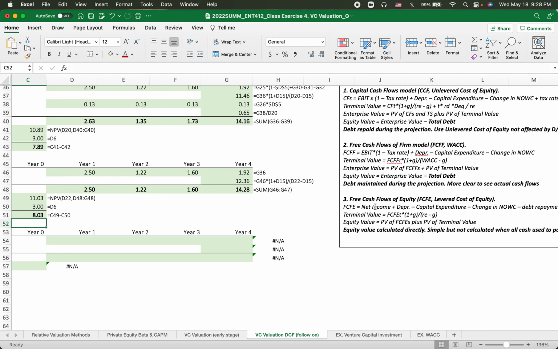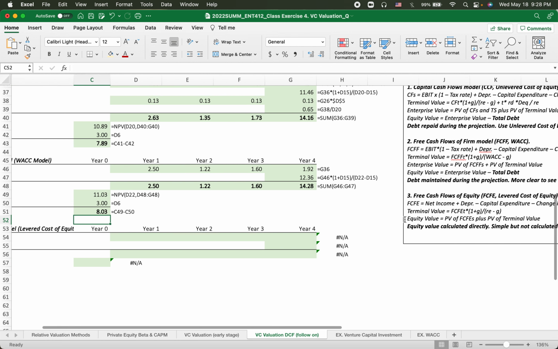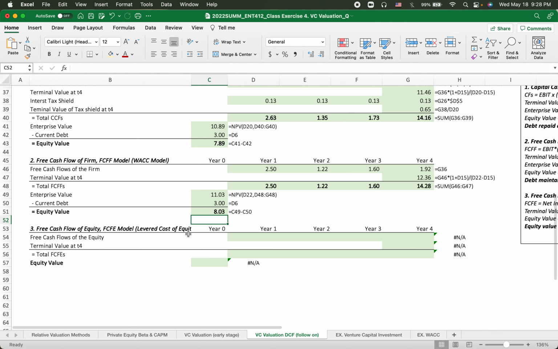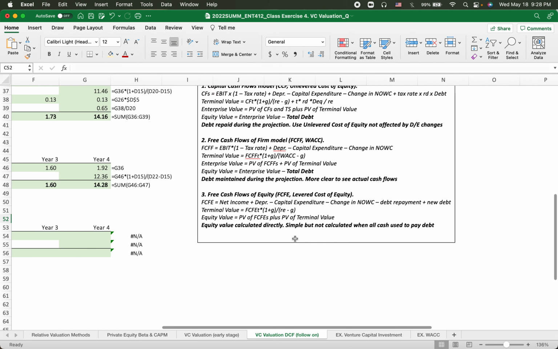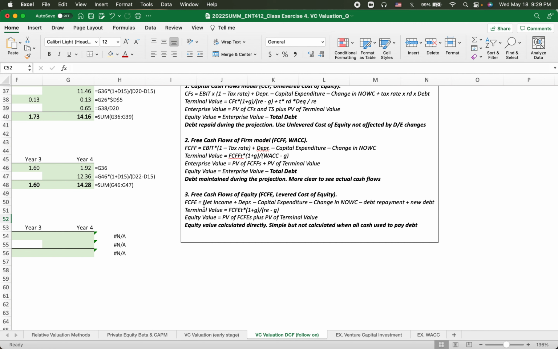So there's no enterprise value calculated and then minus the debt. We directly calculate the cash flows, right? That's why we are using this levered cost of equity. Here in the equation, net income is now different, right? Net income only toward the equity investors.